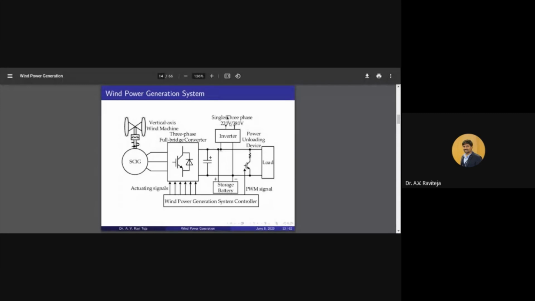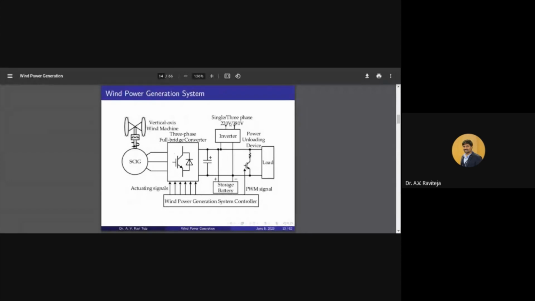There are two ways renewable power generation can operate. They can directly supply the loads by generating 230 volt 50 hertz in standalone mode, or I can connect to the grid and send power to the grid. Any one way I can operate them.